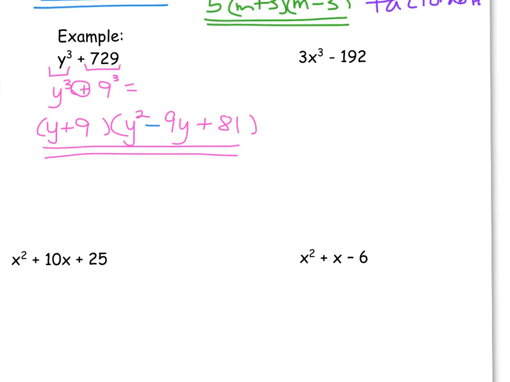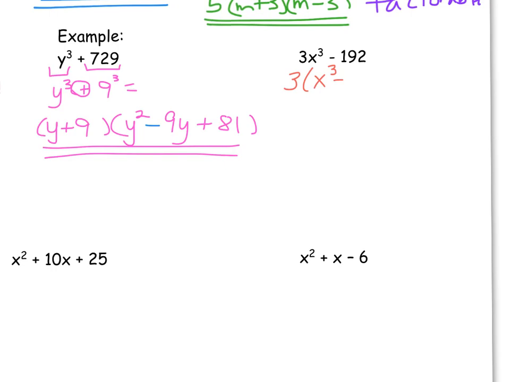Moving on to that next example, kind of like up above, notice here we've got a common factor, or we have a factor out in front. We've got that 3 in front of the x cubed. So if we divide the 3 out by factoring, let's see what's left over. If we take 3 out of 3x cubed, we would have x cubed left over.